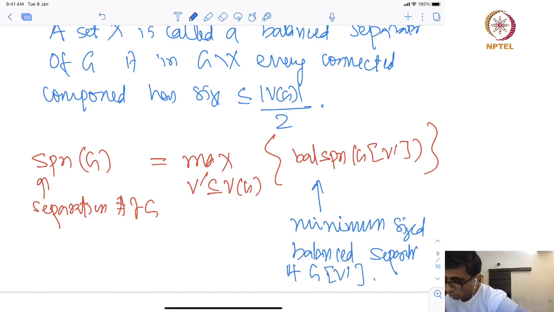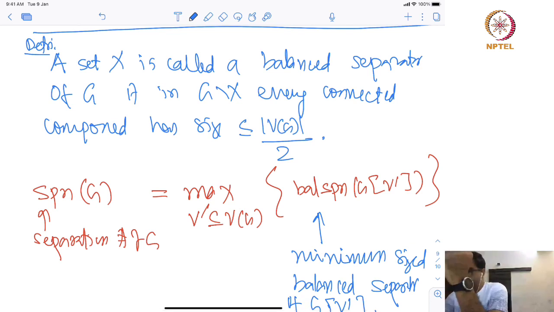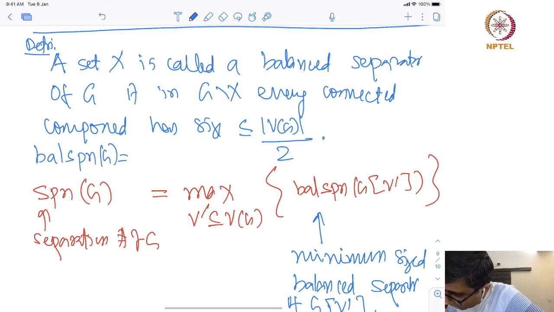So what is a balanced separator? A set of vertices such that if you delete it, every component has size at most half of the graph.